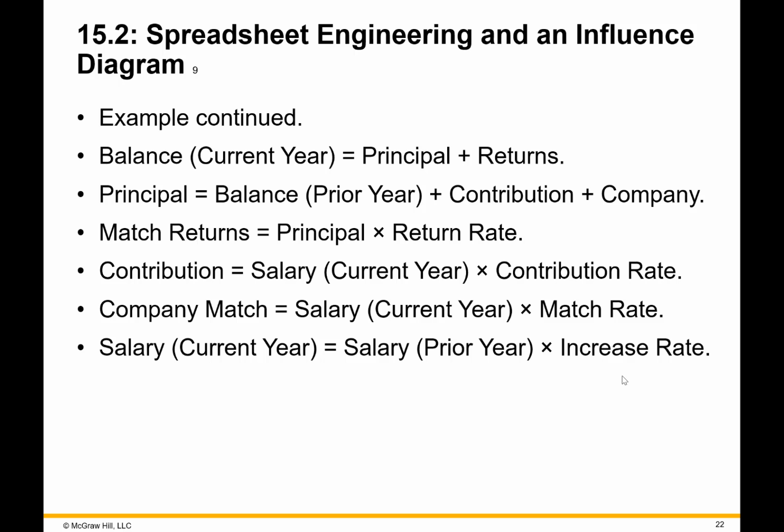And we know principal is calculated as balance prior year plus contribution plus the company match. And returns are calculated by principal times return rate. Contributions are calculated as salary, which is the current year salary, times contribution rate. Company match is salary current year times the match rate. And salary current year is salary prior year plus the increase rate.